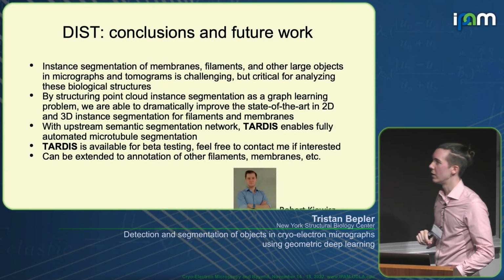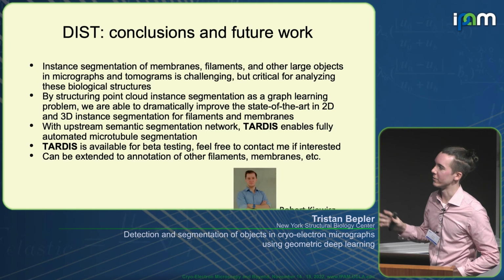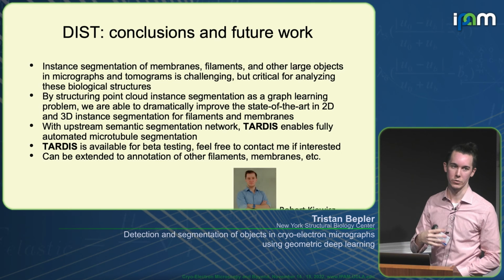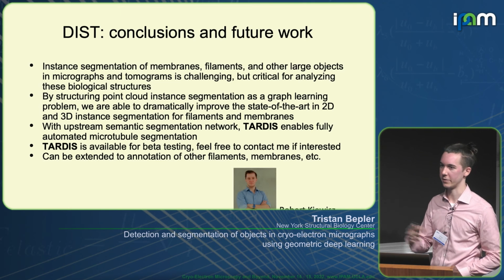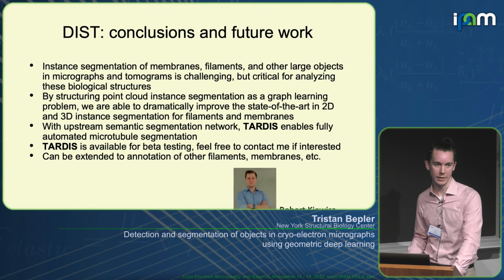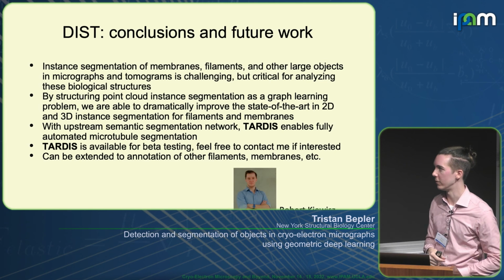Okay, to conclude on this part, instance segmentation of membranes, filaments, and other large objects in micrographs and tomograms is hard, but it's really important if we want to understand the biophysical characteristics of these objects. If you want to understand things like the curvature or the length or any systematic analysis of those properties, you need to be able to extract all of these individual instances.